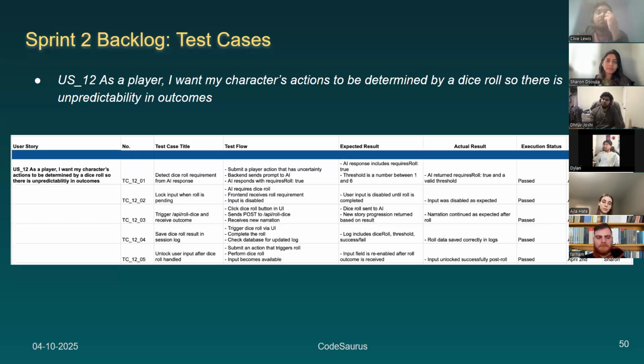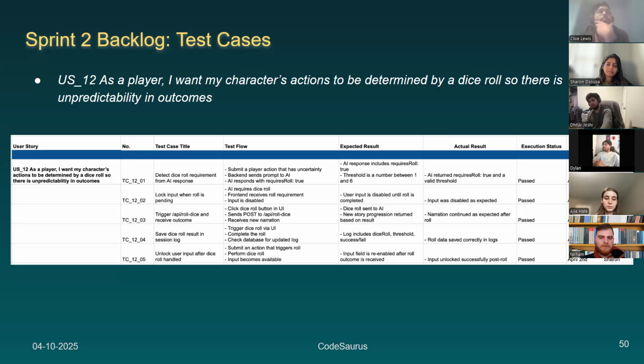When you put in an unpredictable request, the narrator has to determine whether that action is unpredictable and prompt the user to roll a dice. We did that by putting in an unpredictable requirement and seeing if the narrator replies with, yes, I require a dice roll. That passed, tested by Sharon.